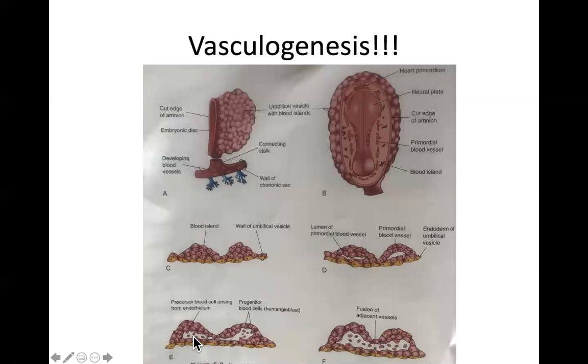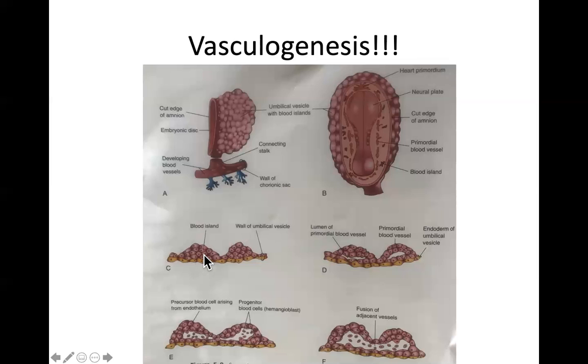They're going to differentiate into hemangioblasts. That's what they're called. I had to cheat and look at my notes, actually. I couldn't remember. So they're either going to flatten out and become endothelial cells, or they're going to differentiate into hemangioblasts. And hemangioblasts are going to eventually become blood cells. They're the progenitor cells for blood cells.